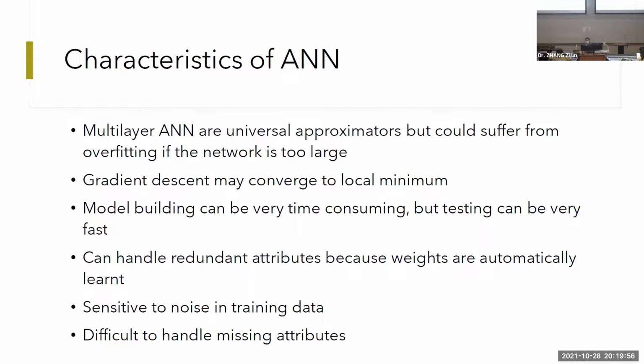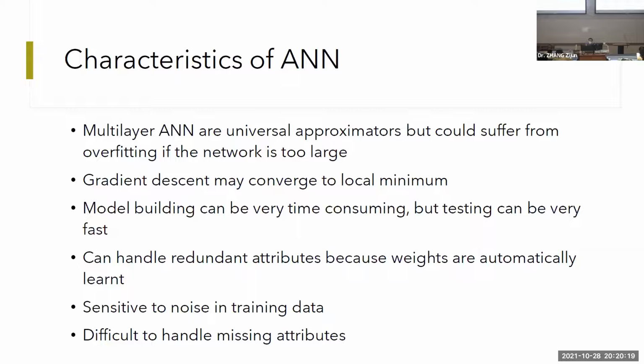But this is just some claim, it is not theoretically solidly proved. Okay, it's just a kind of indication. But it could suffer from overfitting if the network is too large. So a neural network is very easy to overfit.